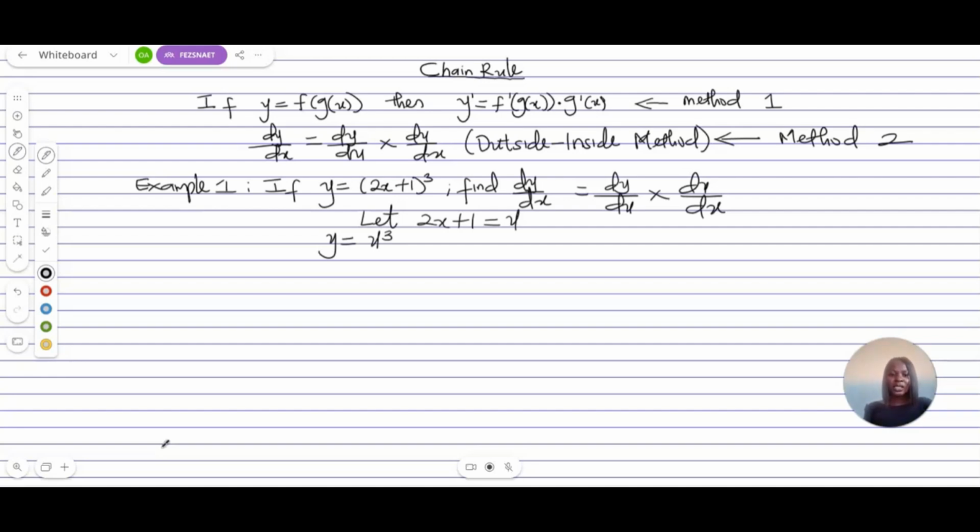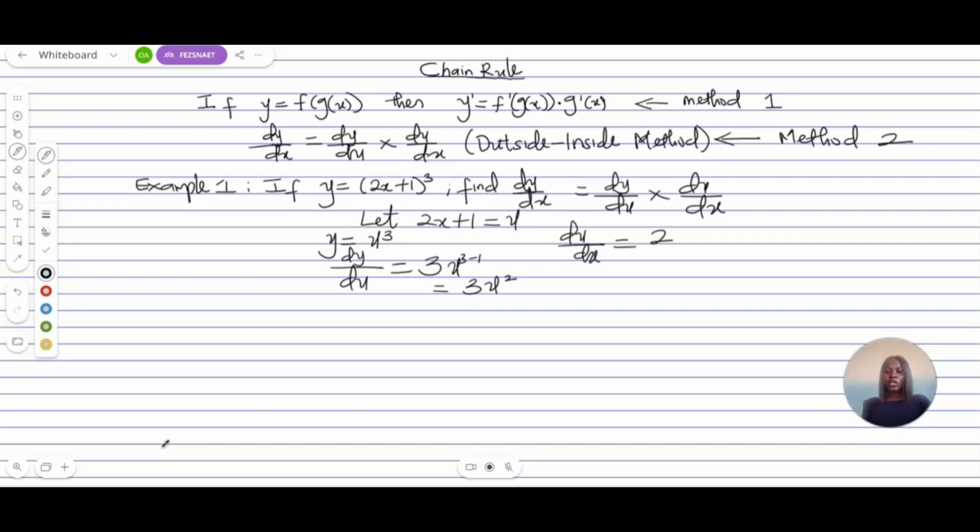Now let's do that. dy/du is equal to 3u to the power of 3 minus 1, so this becomes 3u to the power of 2. What about du/dx? It is simply 2.